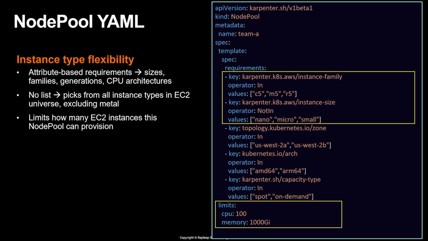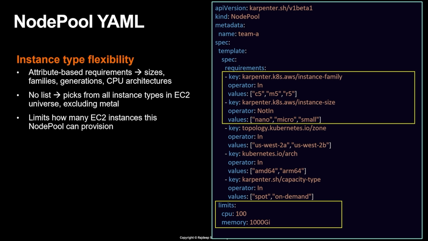When you define the requirements, you have multiple options to choose from. In this case, we are putting karpenter.k8s.aws/instance-family in C5, M5, R5. So any EC2 instance that this Karpenter NodePool provisions must be within C5 or M5 or R5. The instance size must not be in nano, micro, or small.